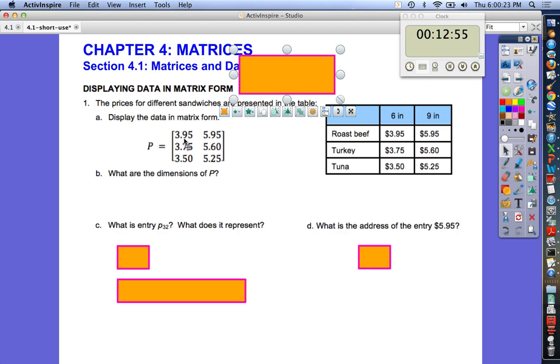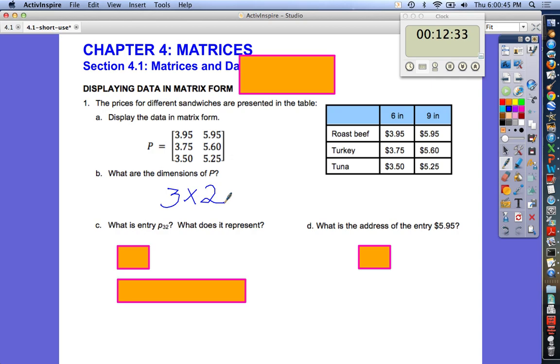And when we take a look at this, we want to know what the dimensions are. We can see that there are 3 rows in our matrix P, which I called P for price of the sandwich, and we have 2 different sizes or 2 different columns. So it's a 3 by 2 matrix.